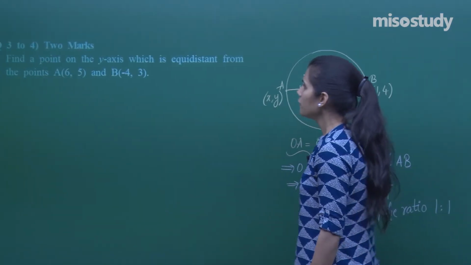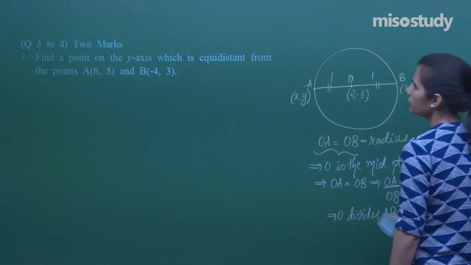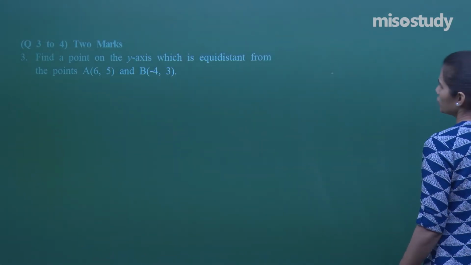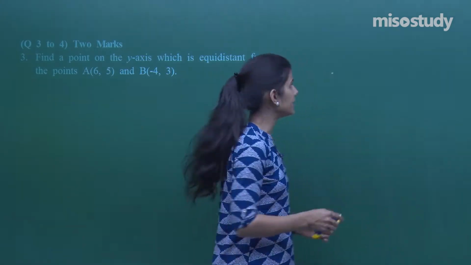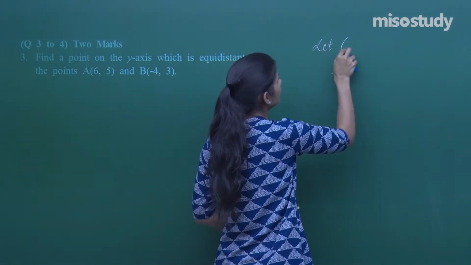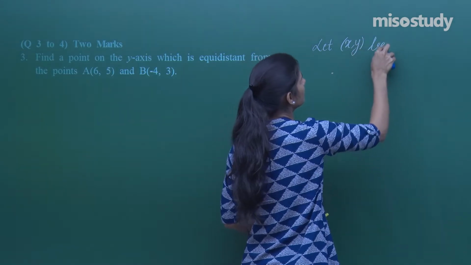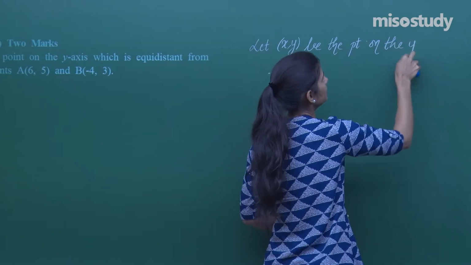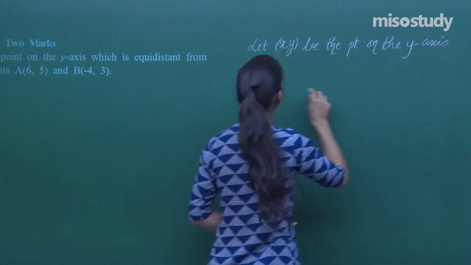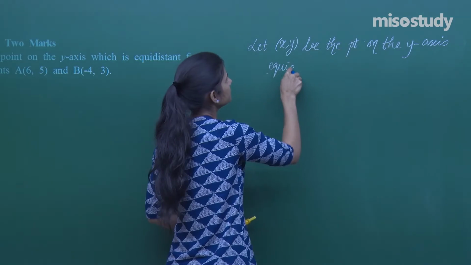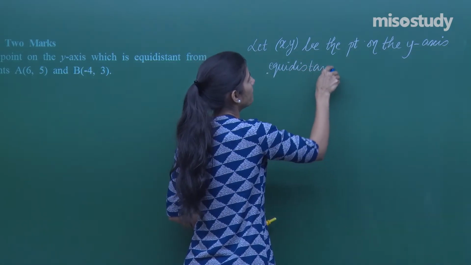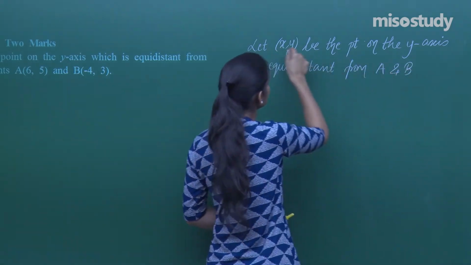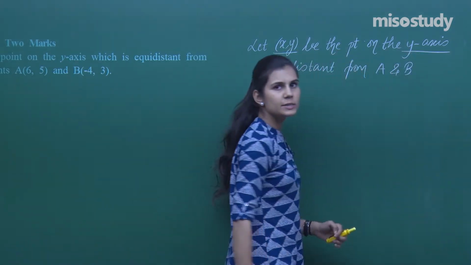Next you have, find a point on the y-axis which is equidistant from A and B. Okay, so there is a point on the y-axis which is equidistant from A and B. So let this be the point on the y-axis equidistant from A and B. The fact that this point is lying on the y-axis means what?